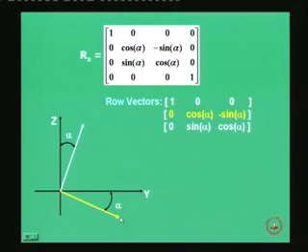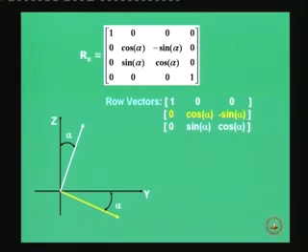This is the angle alpha, and if it is a unit vector, the y coordinate will be cos alpha and the z coordinate will be sin alpha in the negative direction, hence minus sin alpha. The third vector, with its corresponding color, has sin alpha along y and cos alpha along z. So, these are the second and third row vectors of the transformation matrix Rx.